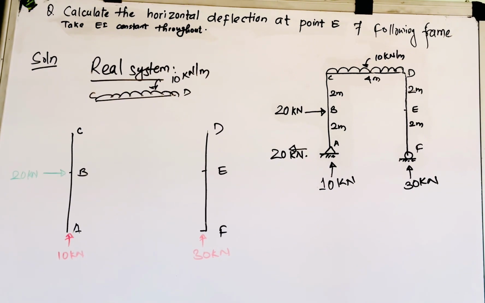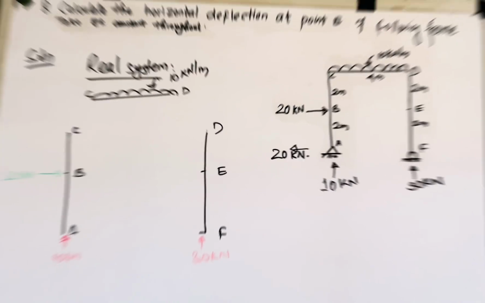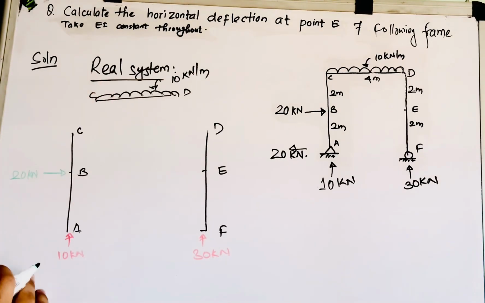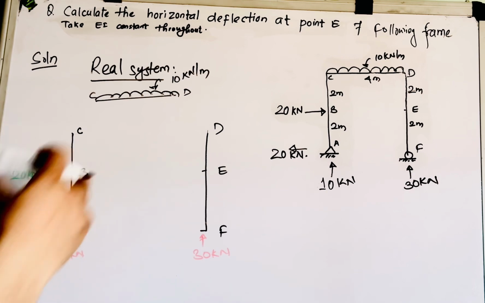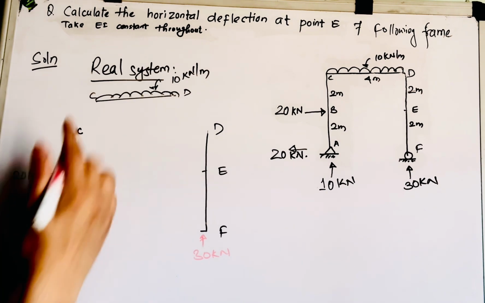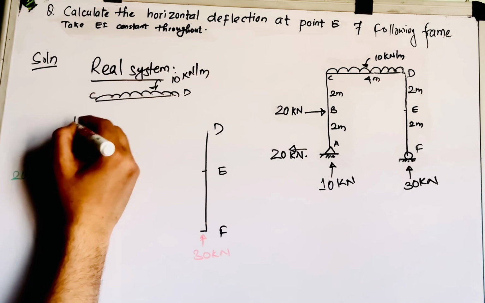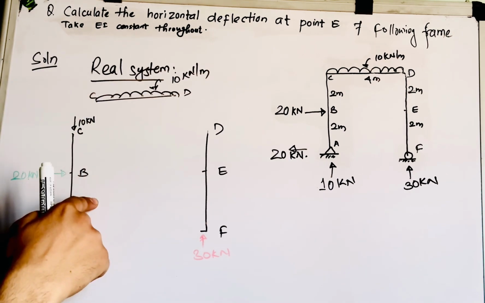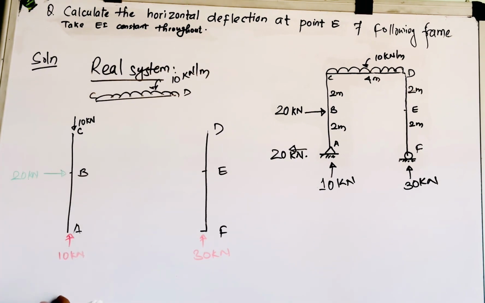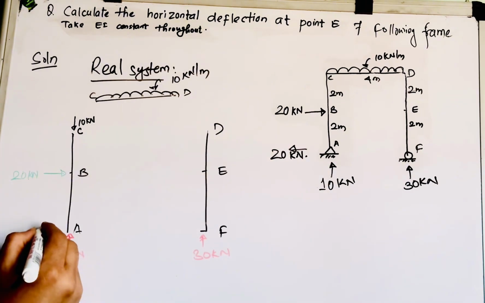Now your task is to balance this system at first. Make a system in such a way that it can be balanced, right? I am making this a real system. Let us try to balance each and every member. So 10 kilonewton acting upward. To balance this, let us say we have a 10 kilonewton axial load to balance this, right? Again, we have here 20 kilonewton load.